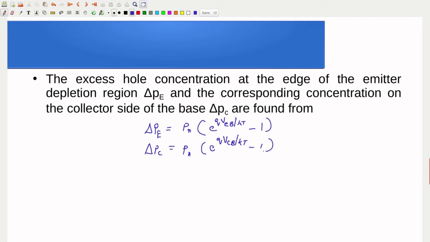That is why VEB. And VCB is the voltage applied between the collector base junction.